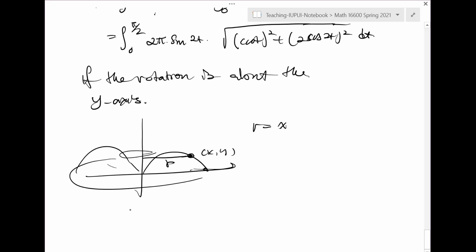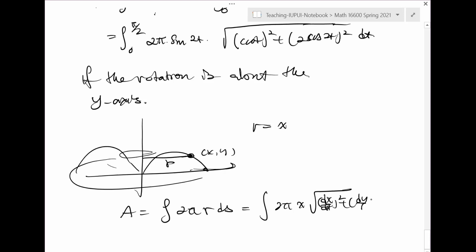So the area is going to be the integral of 2 pi r ds. That should be 2 pi times x squared. If you want to use dx/dt squared plus dy/dt squared, dt, t should be from 0 to pi over 2.